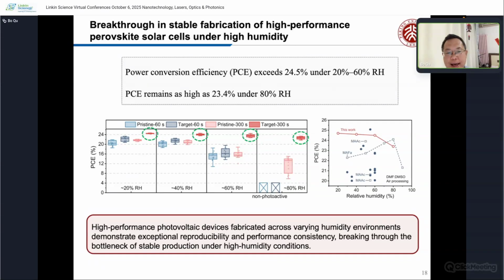Therefore, high-performance photovoltaic devices fabricated across varying humidity environments demonstrate exceptional reproducibility and performance consistency, as shown by the experimental data, breaking through the bottleneck of stable fabrication or production under high humidity conditions.